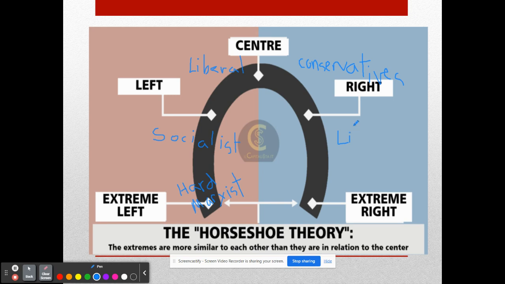Oh, further right, you've got the libertarians. I'm not going to spell it out because it's way too long here. And on the extreme right, you have the anarchists.